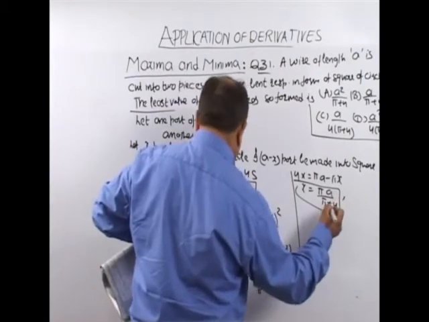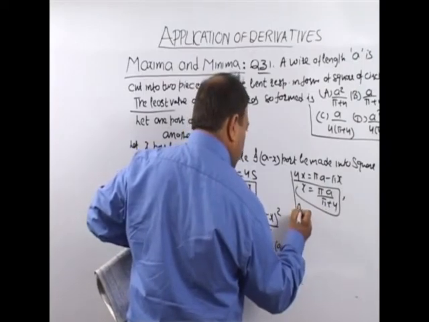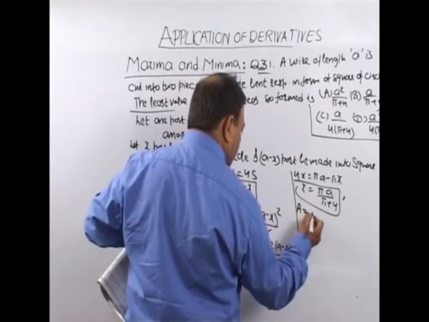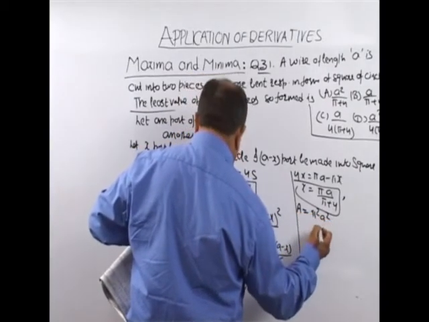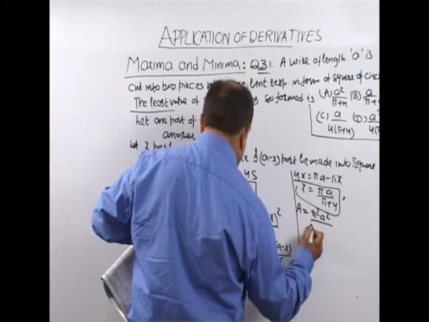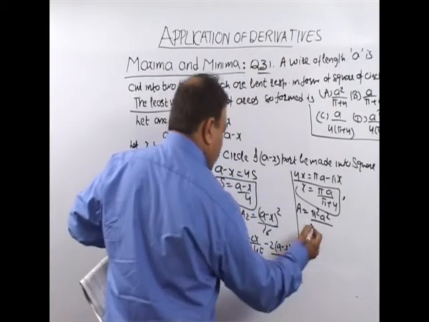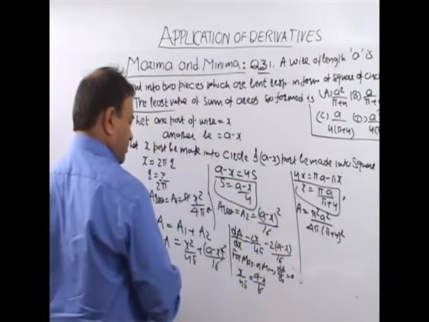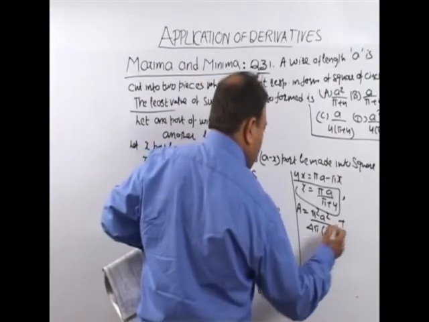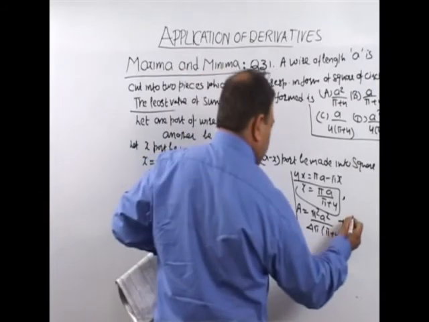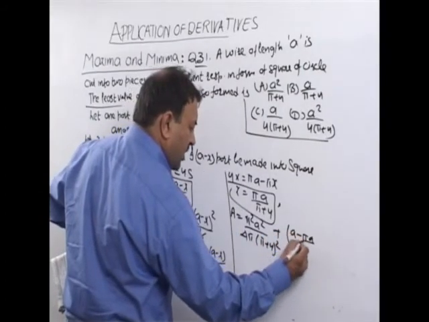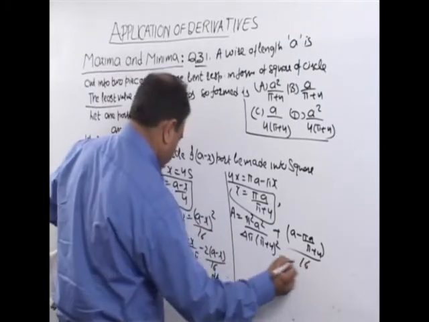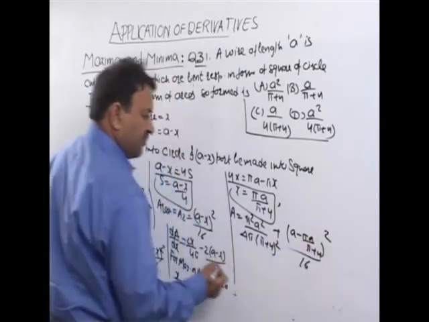I can say area is equal to x square upon 4 pi, which is pi square A square upon 4 pi into pi plus 4 the whole square, plus A minus x, which comes out to be A minus pi A upon pi plus 4, upon 16, the whole square.